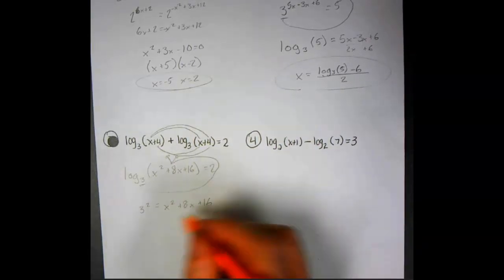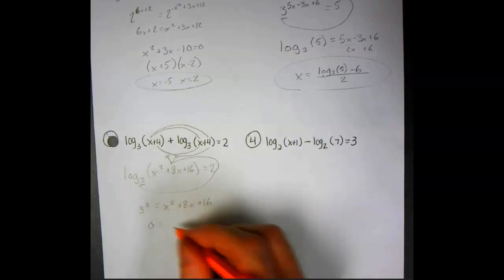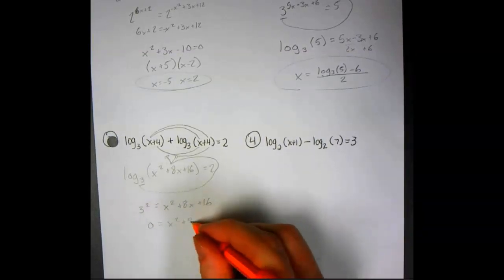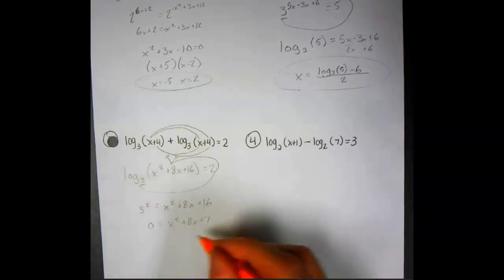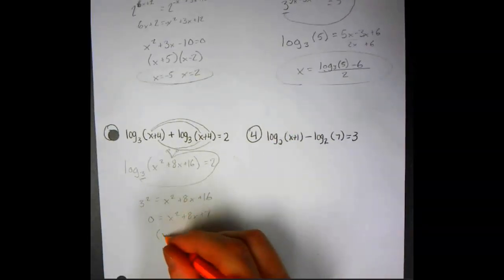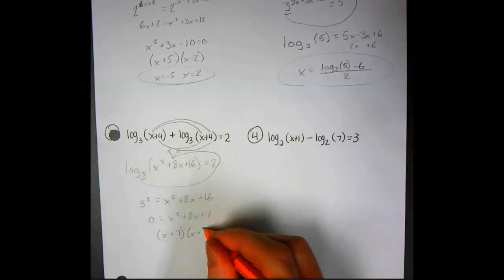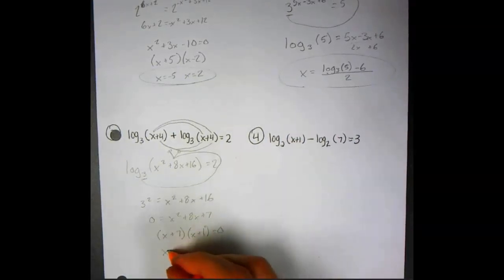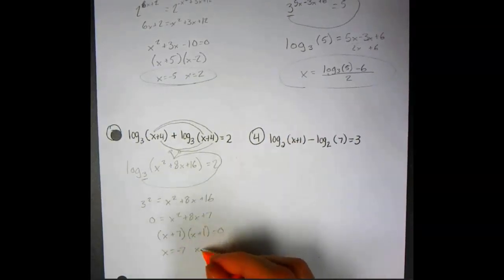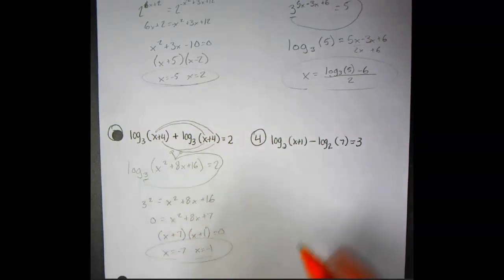That equals 9, so we'll subtract that over. We have 0 equals x squared plus 8x plus 7. When we factor this, we'll have (x + 7)(x + 1). So x equals negative 7 or negative 1.